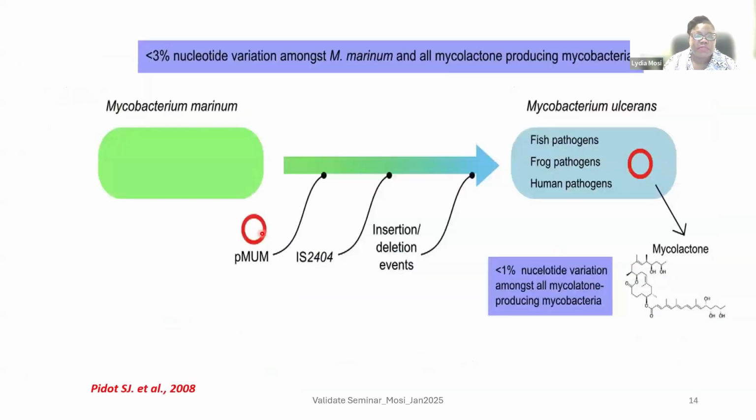So with all of this information, what we know up until now is the fact that M. marinum and M. ulcerans are very closely related, with under 3% of their genome being different.